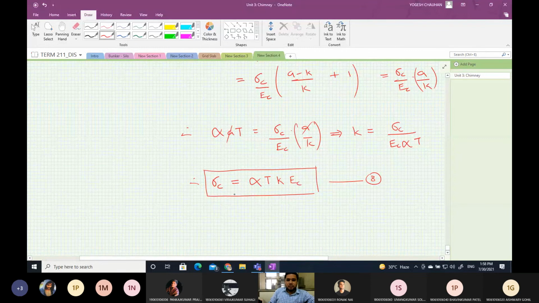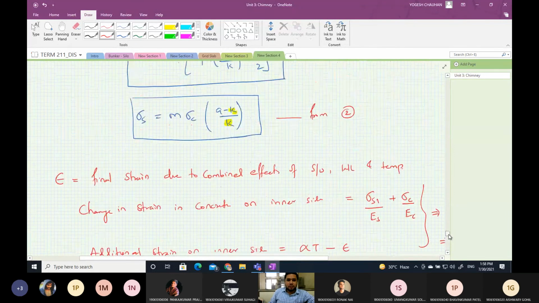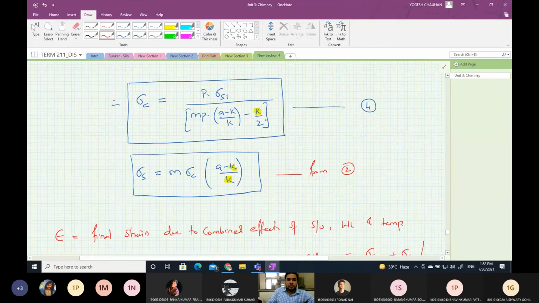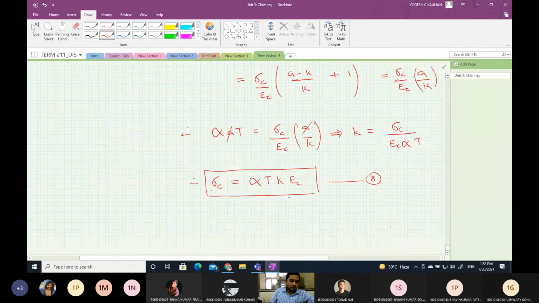Now you have sigma c in terms of k, and you have another expression of sigma c in terms of k. You equate 4 and 8, you will get a quadratic equation in terms of k. Solve that.